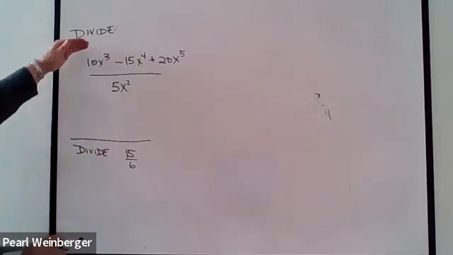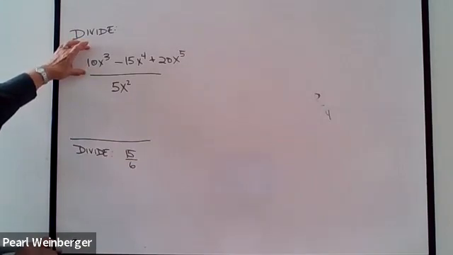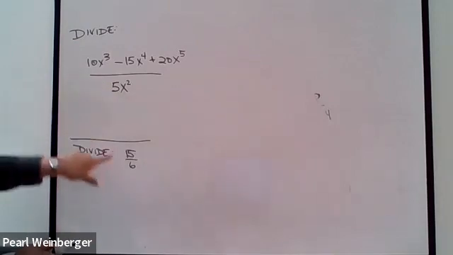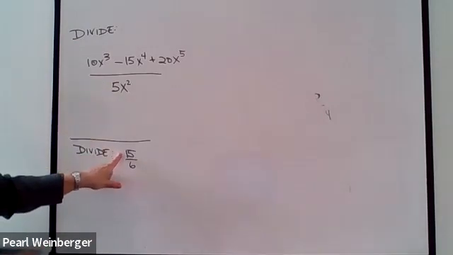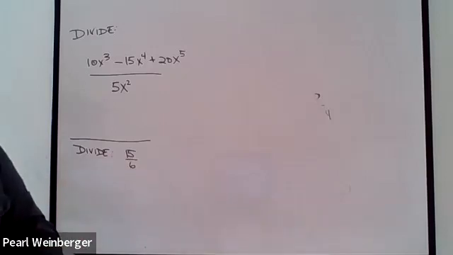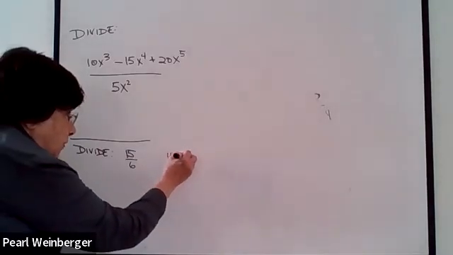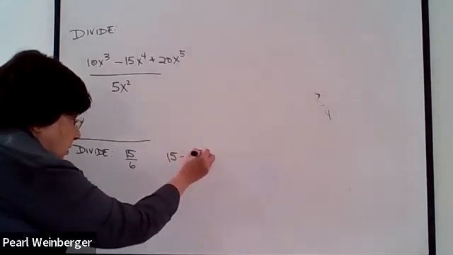Actually, whenever you have a fraction, what you're really indicating is a dividend, something you're dividing into, divided by the divisor. The divisor is the denominator. Now, if I ask you to divide 15 by 6, what I'm really telling you is to take out your calculator and actually do 15 divided by 6.